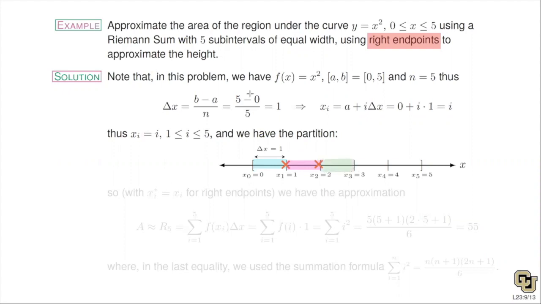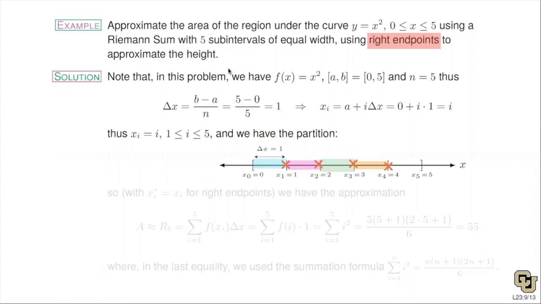So the third subinterval, I choose the right endpoint. Then the area of this third subrectangle would be f of 3 times delta x. And then I'm going to the fourth subinterval, pick the right endpoint, and your height will be f of 4 times delta x, which is the area of the fourth subrectangle, added to all the areas of the previous rectangles.